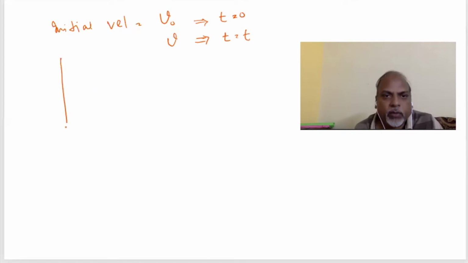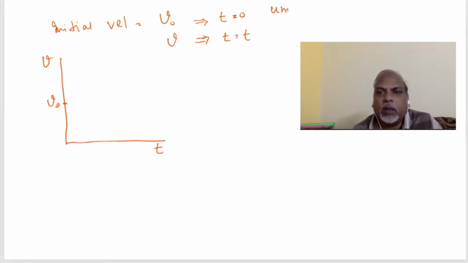This is your v axis, this is your t axis, this is your initial velocity, and now we are considering uniformly accelerated motion.